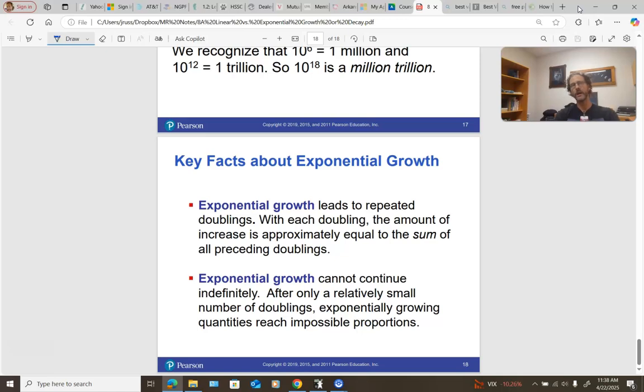But if you had some virgin woods that didn't have any rabbits in them, and you introduced a pair, then initially they would start to grow at an exponential rate, but then that would start to slow down as their food sources began to decrease. And the same goes in a petri dish. If you have a colony of bacteria in a petri dish, initially the colony will grow at an exponential rate.